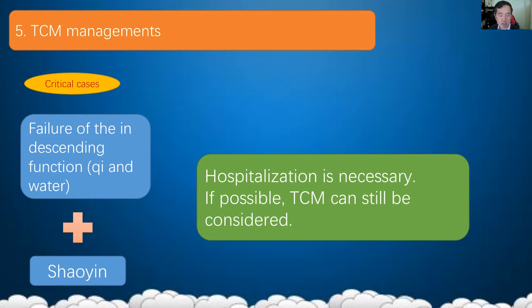Therefore, I want to emphasize again that six-channel differentiation is very important. It could be applicable at different stages. Again, I want to emphasize it is mainly indicated in wind cold invasion, but not for invasion of damp and toxic heat at different stages.